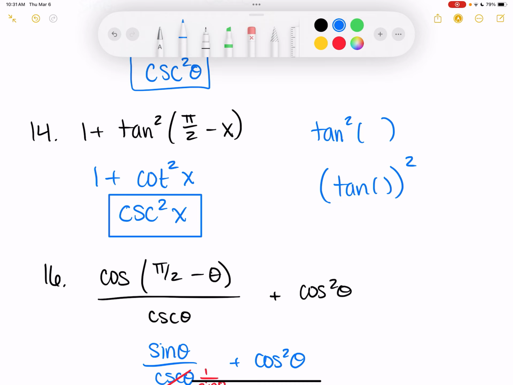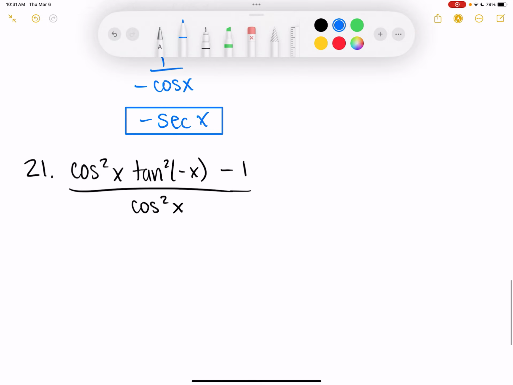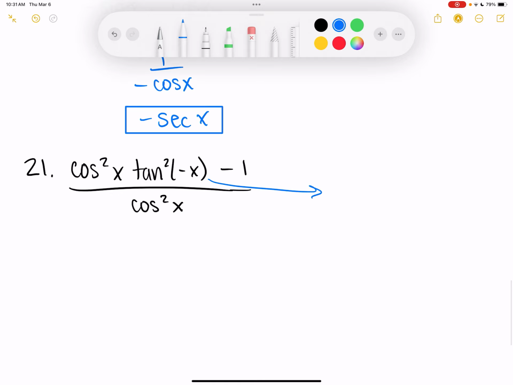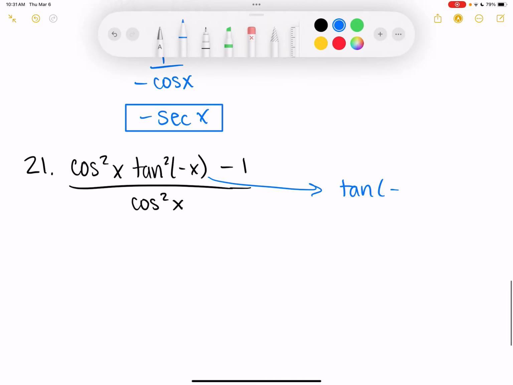So, this part on top here, I'm going to pull off to the side for a second so I'm not having to write this fraction over and over again. This is the tangent of minus x squared, which is minus the tangent of x squared. What happens to that negative when I square?